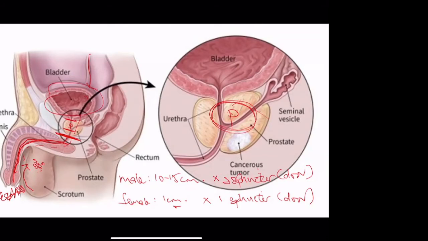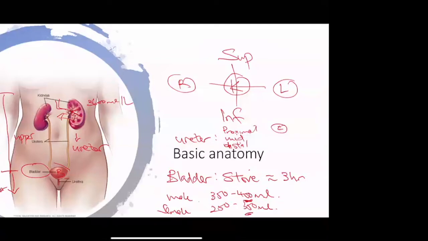You can imagine the guys have 15 cm before they reach the part where the urine sits. So it's not so easy for guys to have urinary tract infection. For ladies, it's only a 1 cm difference. Hence, it's a lot easier to get urinary tract infection. The urethra is here. This is female, 1 cm. Here, the distance is really very small.